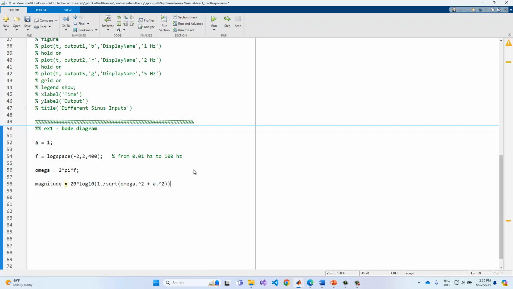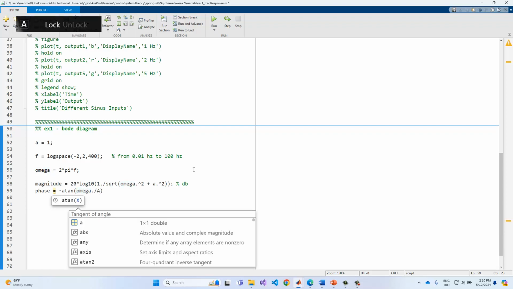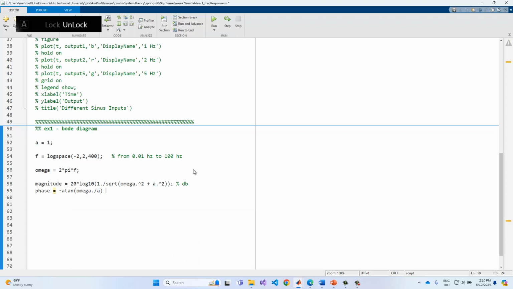Okay, this is the magnitude in the dB form. Also we need to calculate the phase, minus arctan of omega divided by a. But for the phase we need to give degrees, not radians, and so times 180 divided by pi.